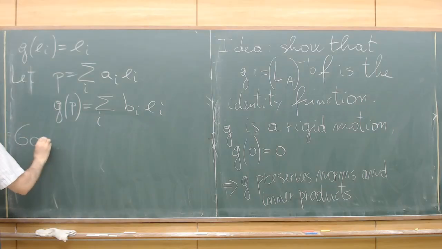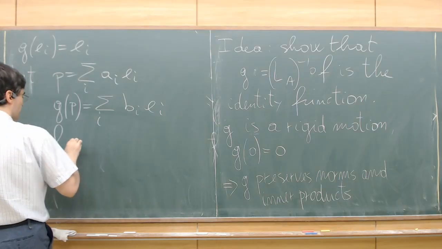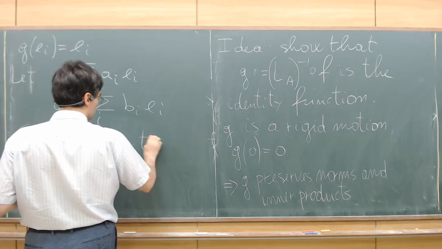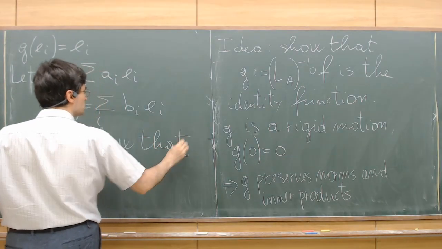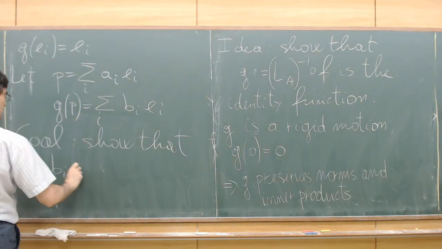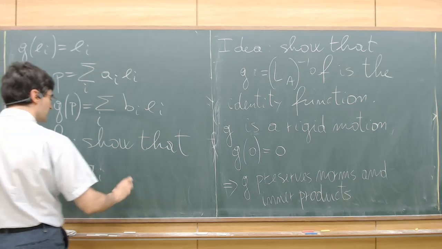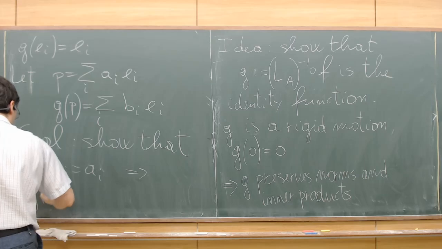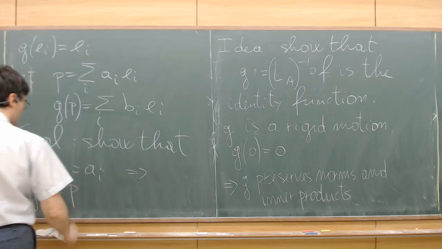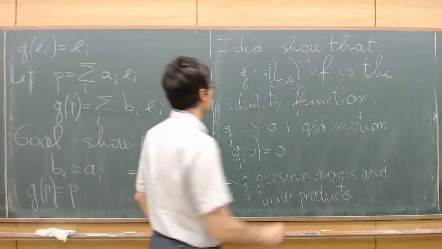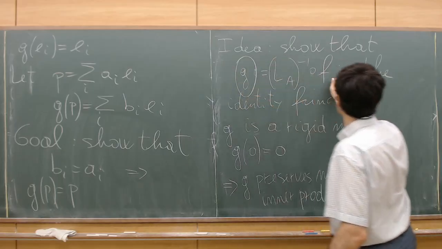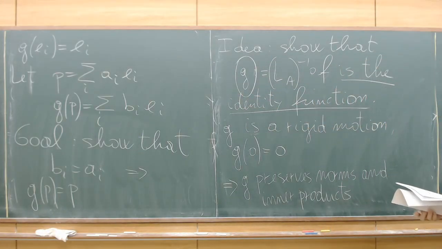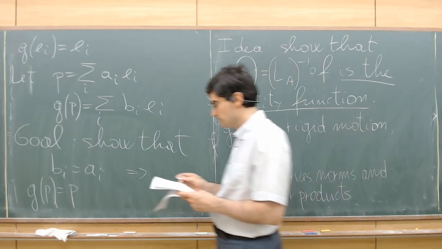My goal is to show that Bi equal to Ai implies G of P equal P. That is, G is the identity function. Okay, this is very easy to do.